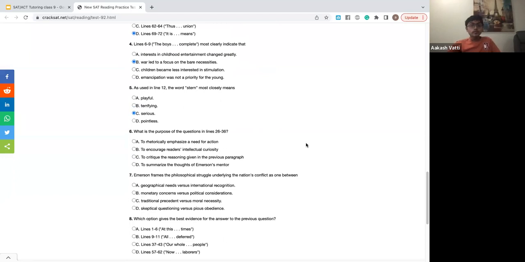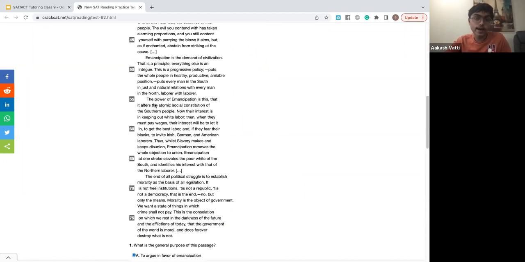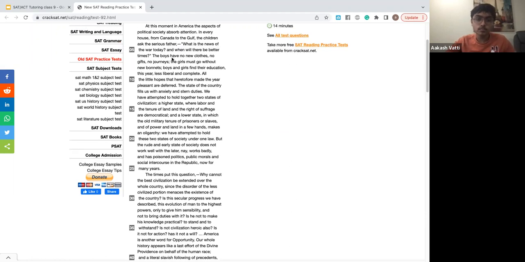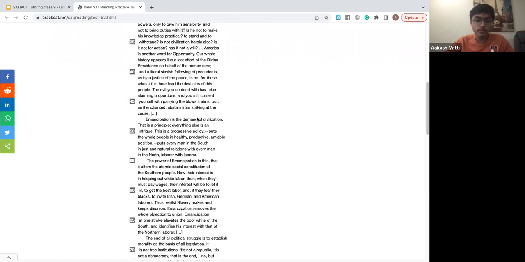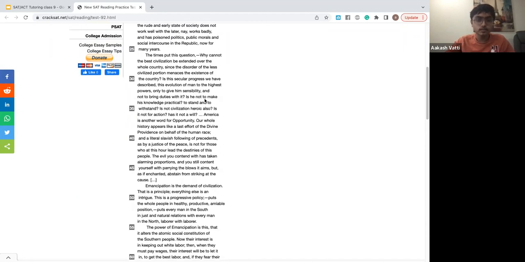What is the main purpose of the questions in lines 26 to 36? To rhetorically emphasize the need for action. That sounds like a good answer. The questions again were like, why this, why that? It's a whole bunch of why questions, which is like rhetorically asking why do this and why we need to end it right now.